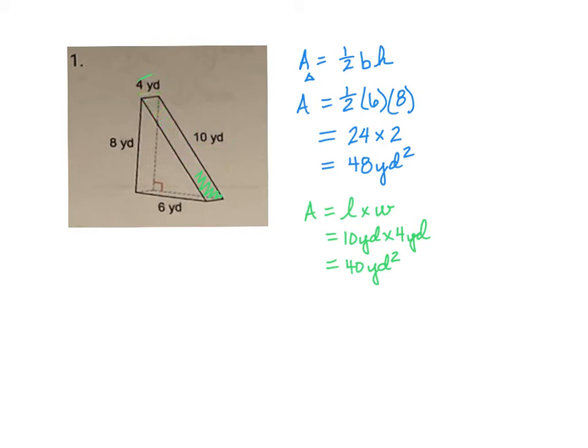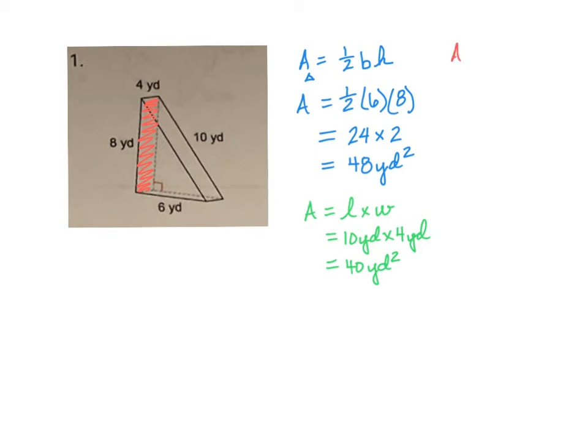I'm going to erase this again, and now I'm going to look at what I consider to be the back face. Let me choose a different color. Let's see if I can use red here. This back face again looks like a rectangle to me, but with different dimensions.